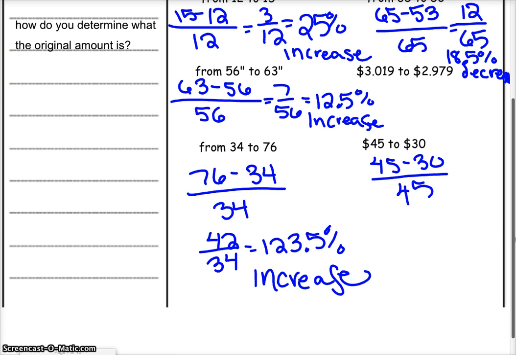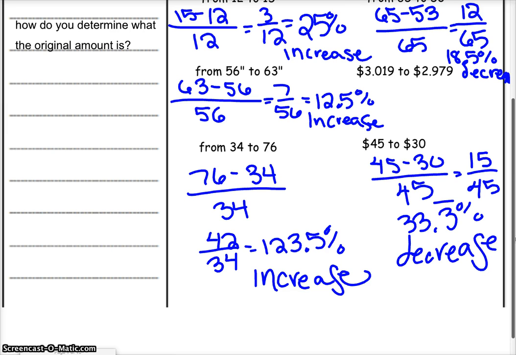I started at $45. 15 over 45, what's that, 33.3%? And that's a decrease. So 33.3% decrease in my money situation.